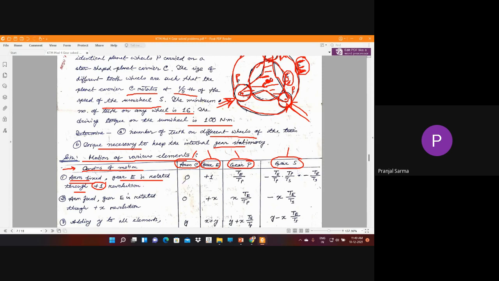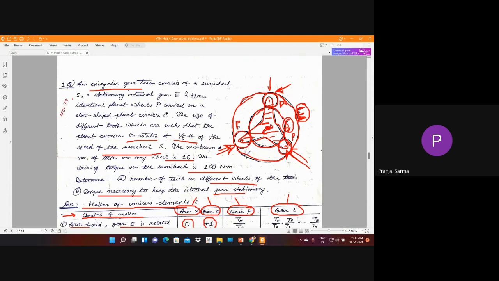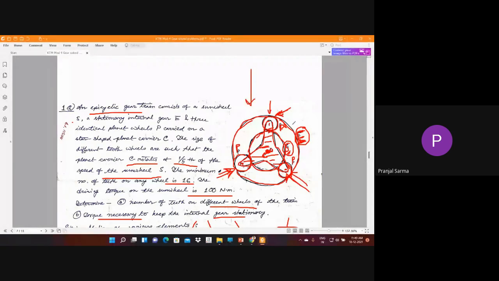So what will happen to the motion of the elements? Arm C will be 0 because the arm is fixed. And we are giving plus one revolution to E, so gear E is plus one. Now if you look at this figure, if gear E rotates, it is in direct mesh with which gears?